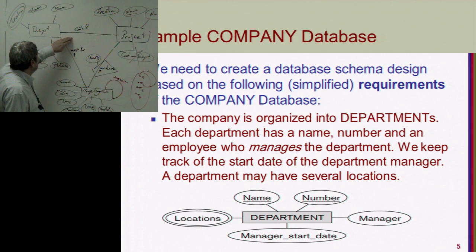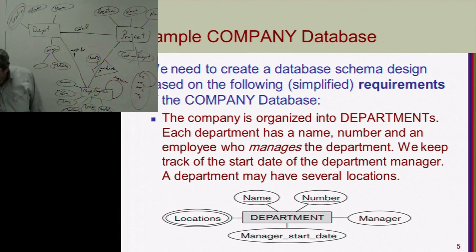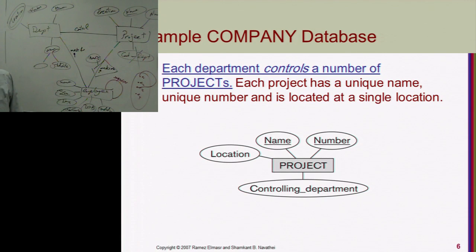We have department controls the project. Where did we get this? It is here. The department controls, what the sentence says. Each department controls what? How many? Numbers. When it says number of, he's talking about numbers. He's talking about multiplicity.